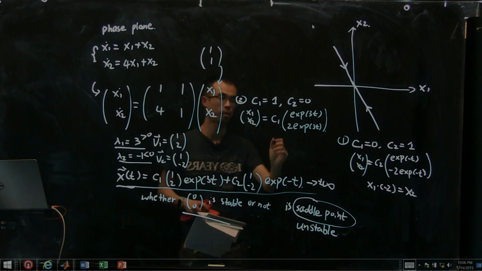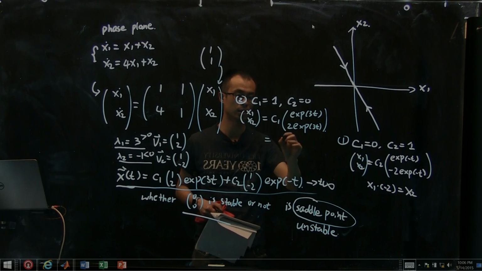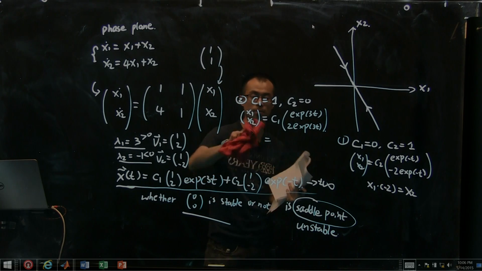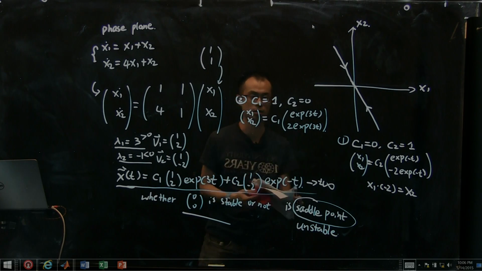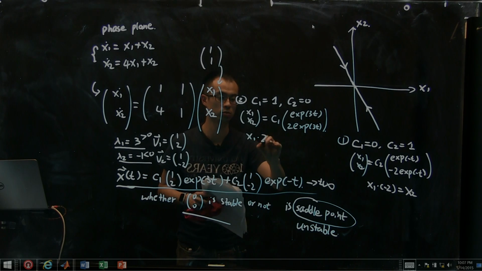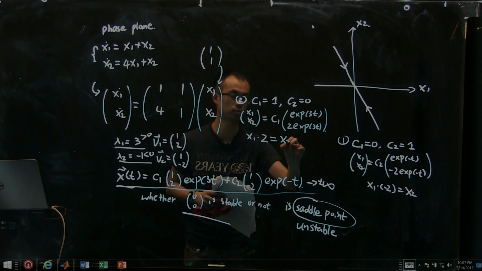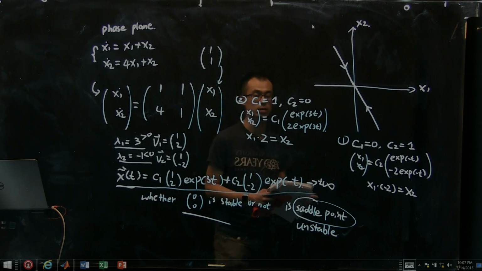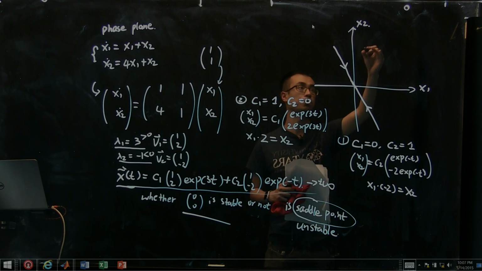Okay? And if we write down the solution as a function of x1 and x2, that would give me x1 times 2, well, becomes x2. Okay? This again is a linear function. So if we plot that, it is something like this.